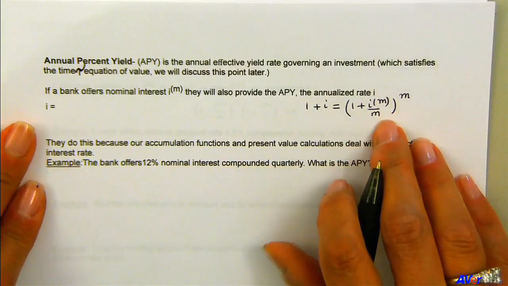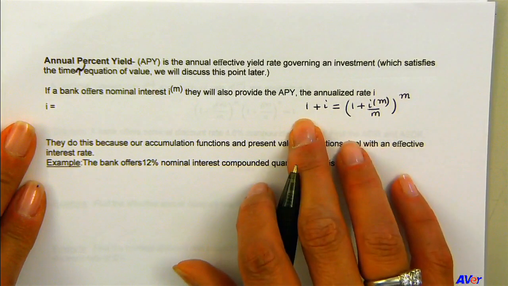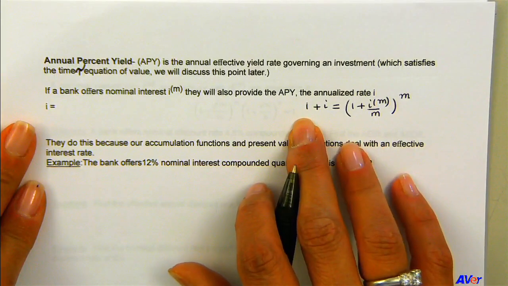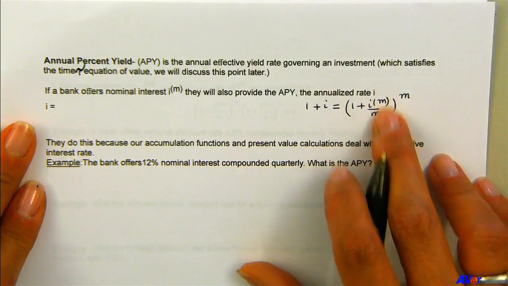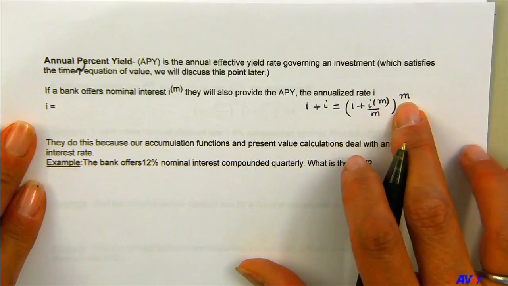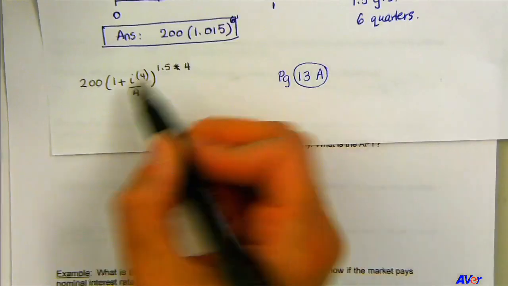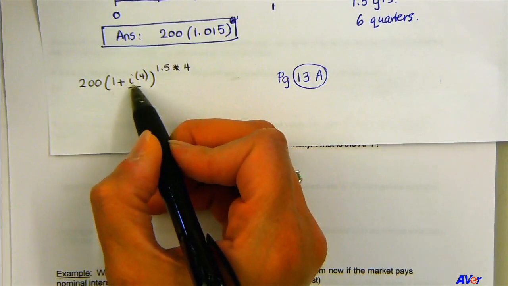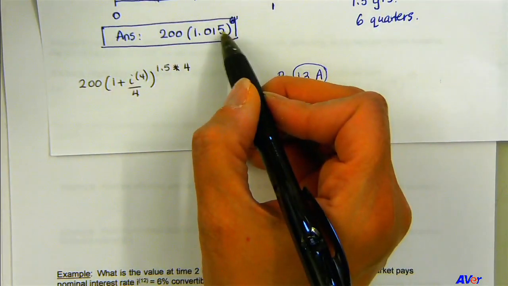Because we know that at time 1, 1 plus i is what you will have if i is the annual rate. And we know that 1 plus the nominal rate divided by the number of times it's being converted, raised to the mth power, just like I had here. 1 plus 0.015 raised to the 6th power. I'm doing the same thing here.